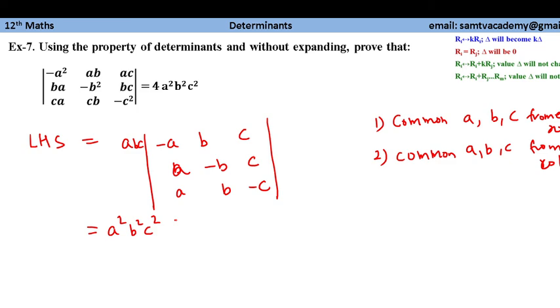Now we are left with minus 1, 1, 1, 1, minus 1, 1. I should write this clearly, otherwise it will be mistaken. 1, 1, minus 1. Okay.